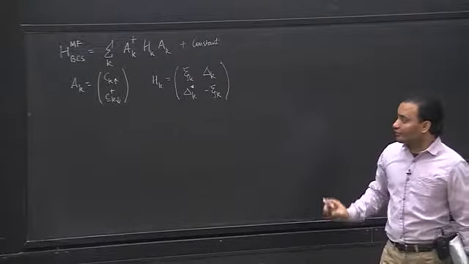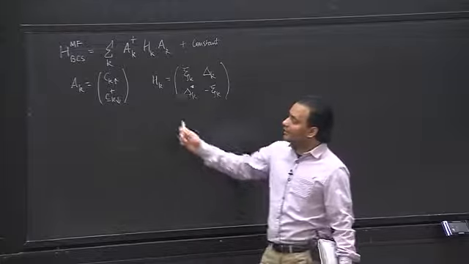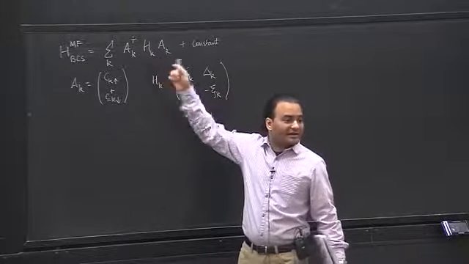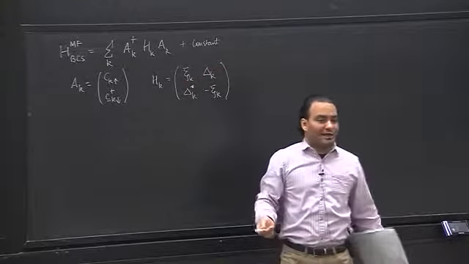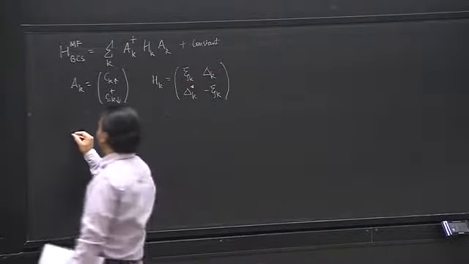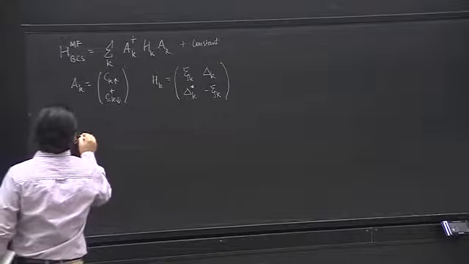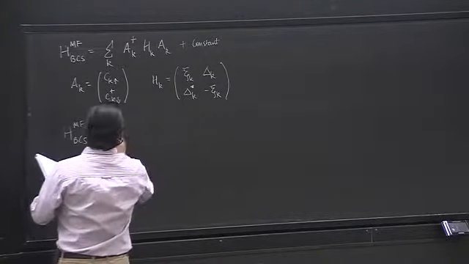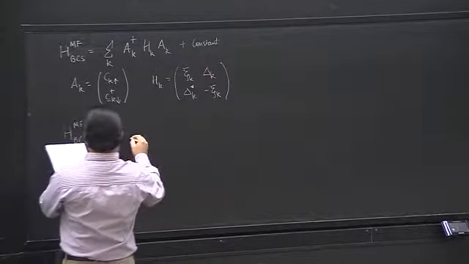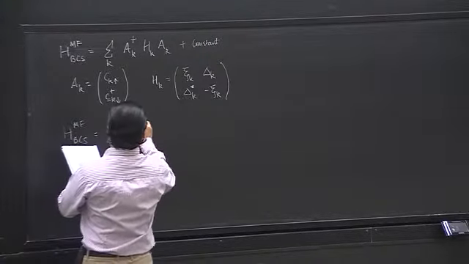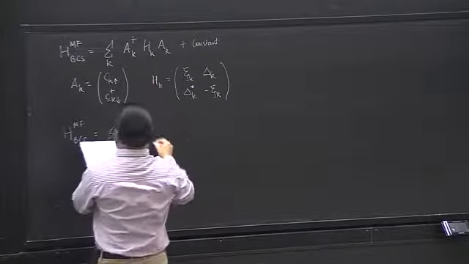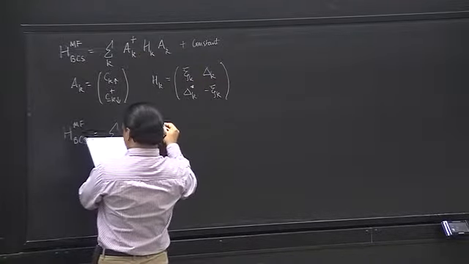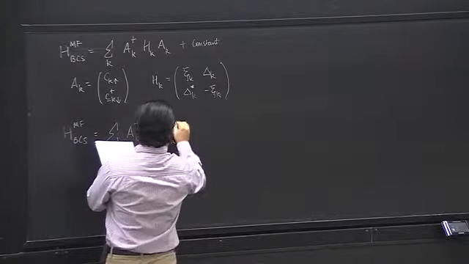So what I'm going to do next is to perform a unitary transformation such that I diagonalize my Hamiltonian. So I'm going to write this H BCS mean field as sum over K AK dagger. I'm going to insert this identity here as UK dagger, UK.